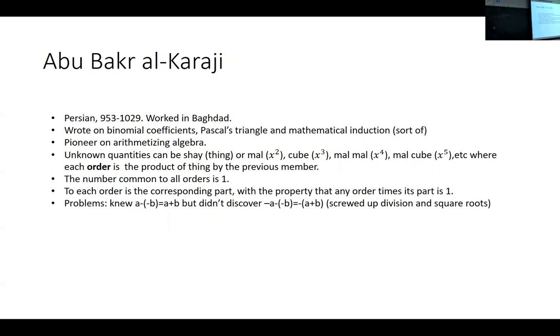So what you might get as an answer could be 6 part thing plus 6 part mal plus 6 part cube, etc. For us, this is the same thing as a Laurent polynomial, where we can have negative powers. They don't go arbitrarily high, but they can go to negative infinity.